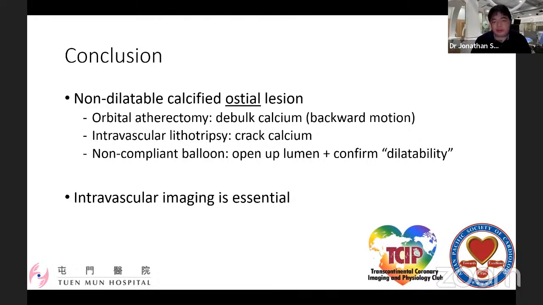With orbital atherectomy, it works in both antegrade and retrograde motion, so it gives you further advantage in these ostial lesions.